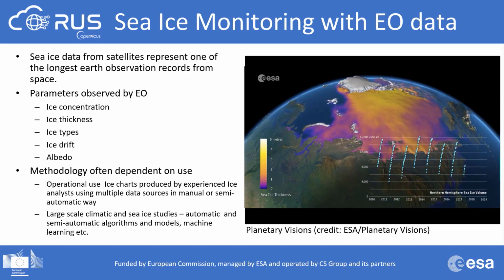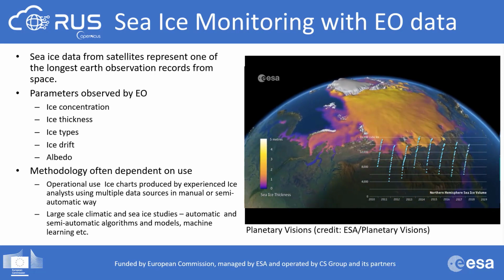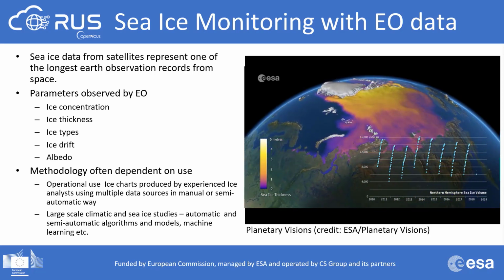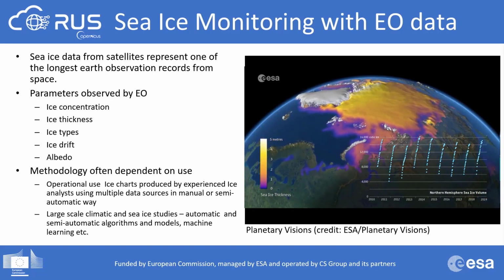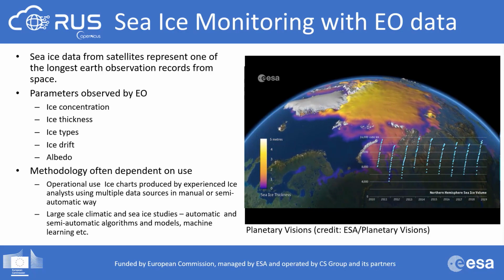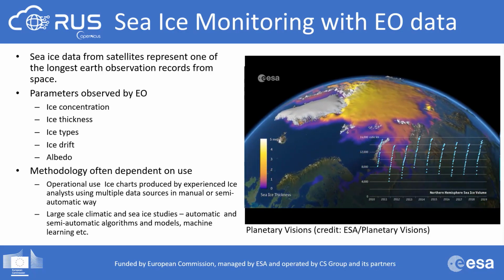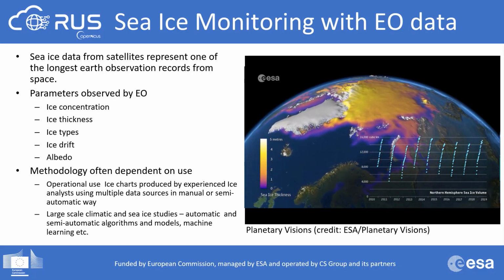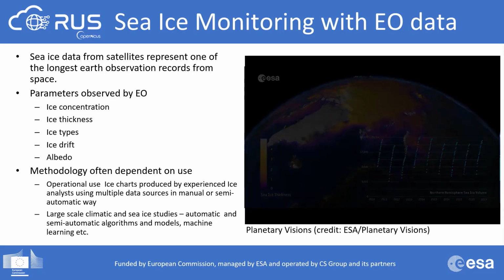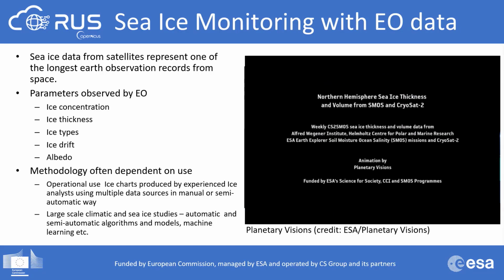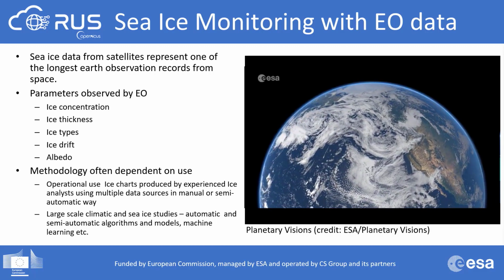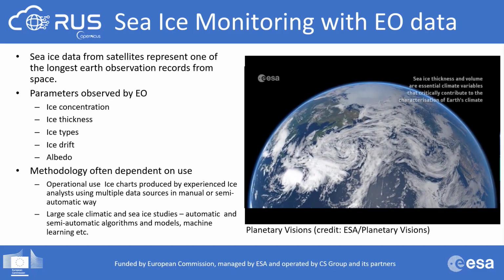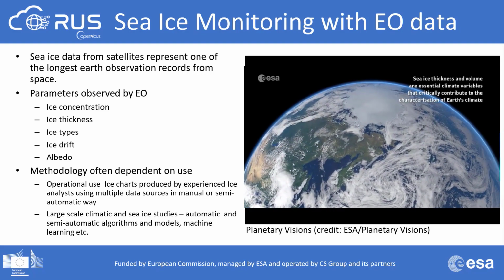The next variable is ice type. Now, classifying sea ice into different types or stages of development related to thickness can provide a proxy not only for thickness, but also for other important ice attributes such as salinity, roughness, and strength, and possibly also snow thickness on top of the ice. In particular, the separation of the first-year ice and the multi-year ice is important for navigation.